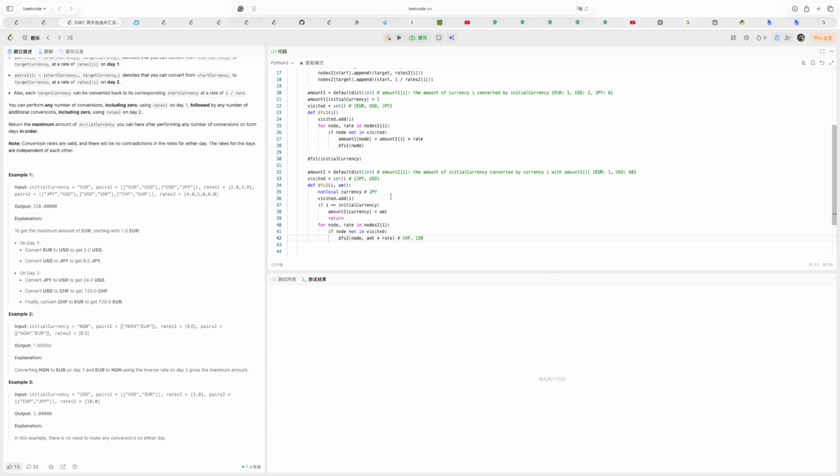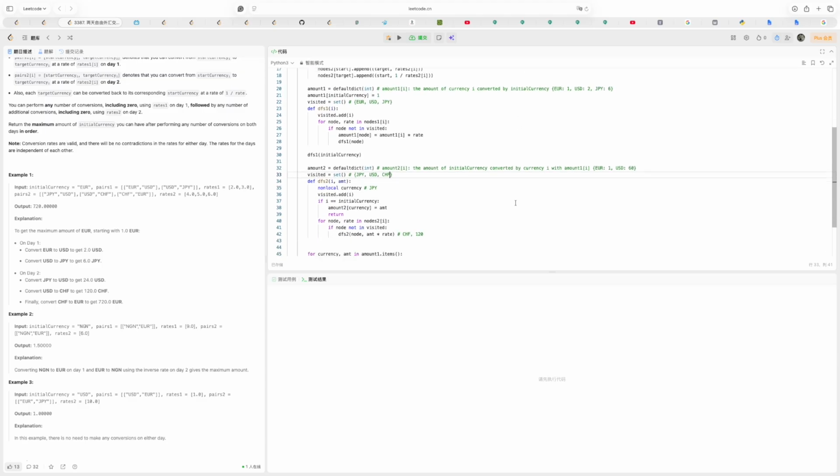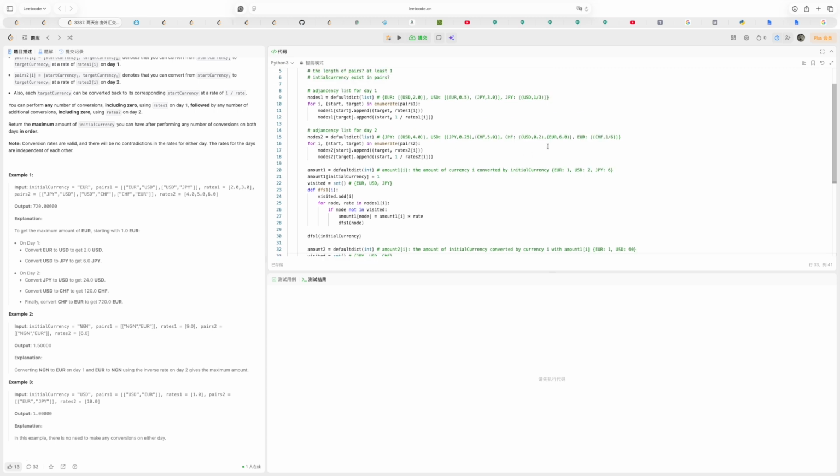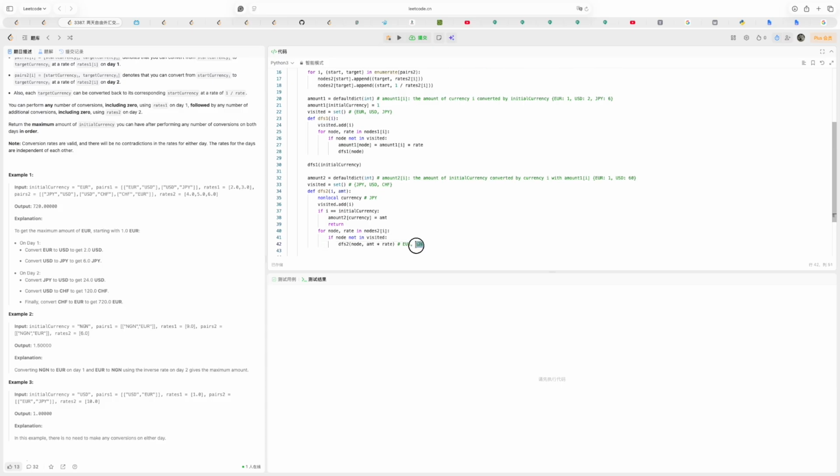Okay, so we will have CHF added to the visited set. It's not the initial currency, so we will go on. And CHF has USD, but USD is already in the visited set, so we will change to euros. Euros is not in the visited set, and the current amount is 120. The rate will be 6, so we will have 720.